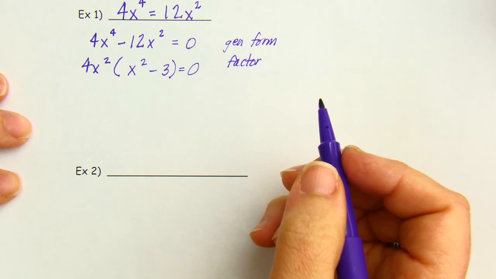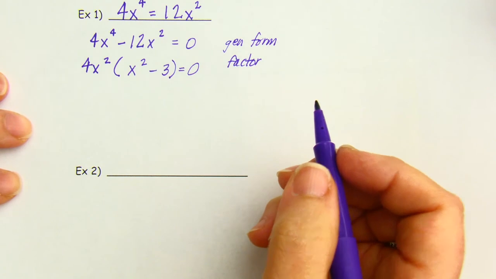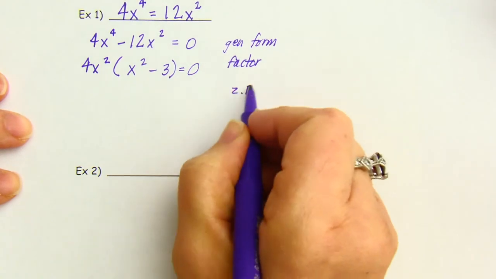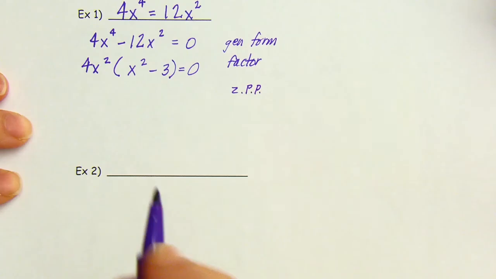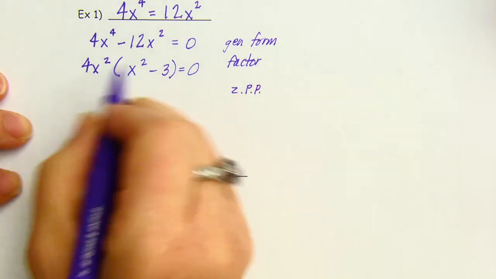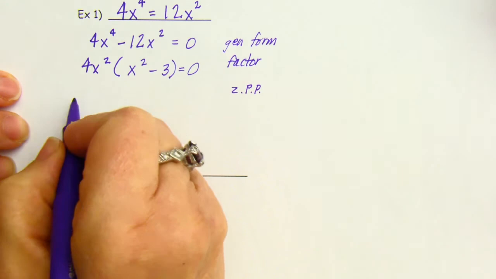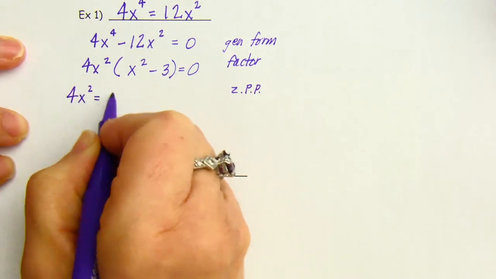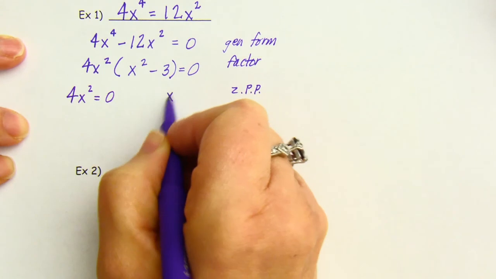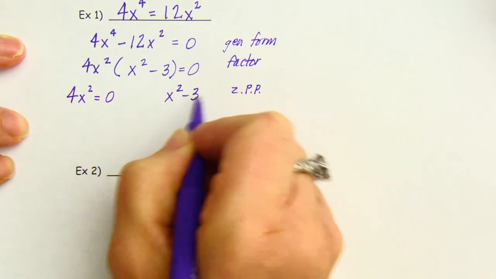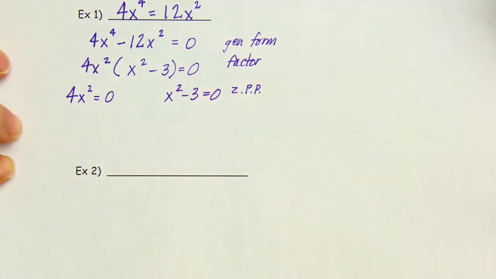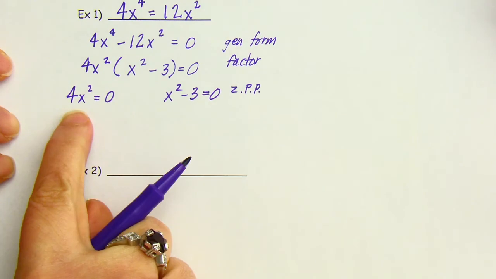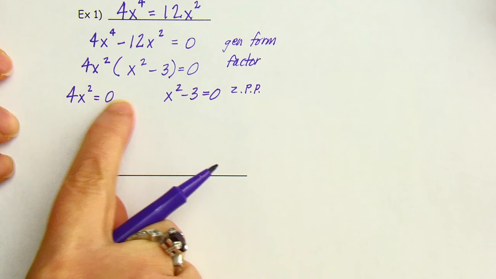Okay, now I'm going to use ZPP, zero product principle. If the product of two factors is equal to 0, then one of those factors has to be equal to 0. When I solve the first mini equation, I divide by 4, I'll still get 0.